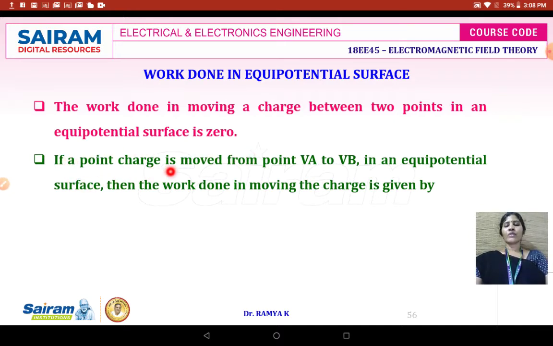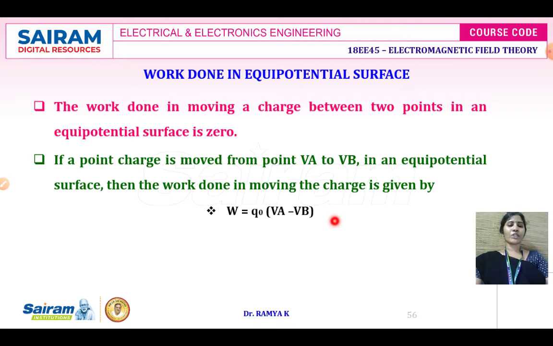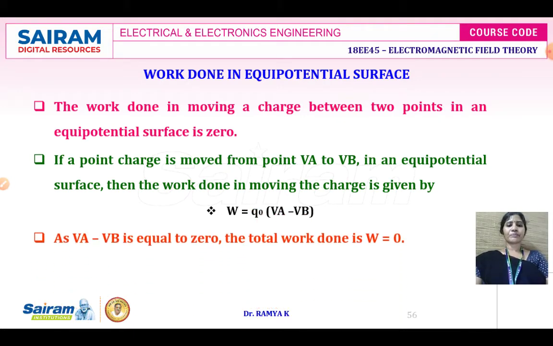Therefore, if you want to move a charge from point A to point B in an equipotential surface, the work done is W equals Q times (VA minus VB), where the total work done will be equal to 0.